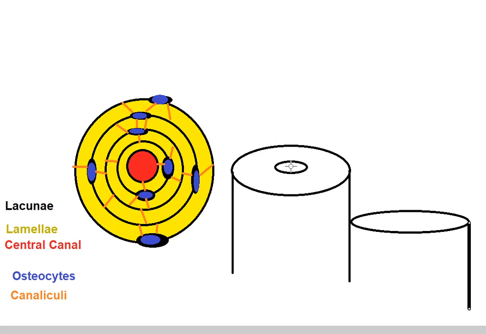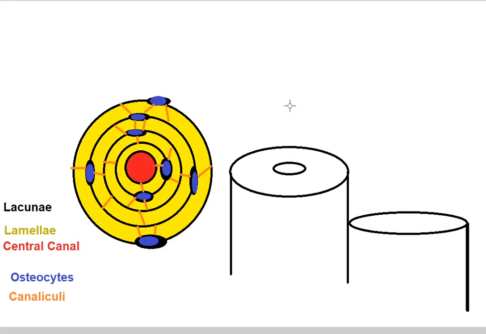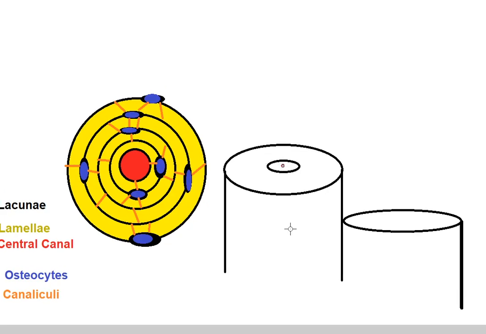That one's going to have another central canal down the middle. So the central canal, and this is not perfect here, guys, goes down the middle of the osteon, right? So it goes straight down, right?